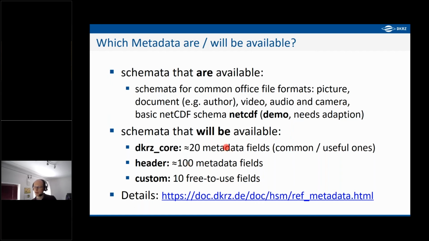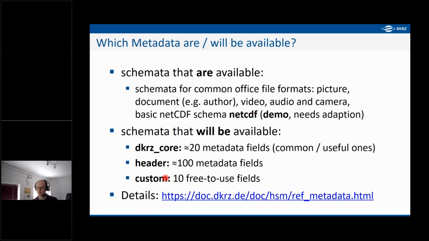And all these metadata, in the best case, can be harvested from netcdf files automatically. So the netcdf header is read by StrongLink when we archive a file. If certain global attributes are set, then their values will be copied into these metadata schemata. And this is already possible with this netcdf schema at the moment.